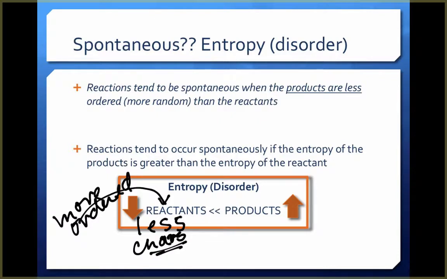When we're talking about products, we're talking about more chaos or being more disordered. So that's what we're doing here. We're talking about entropy, and essentially, in order for a reaction to be spontaneous, it has to go from being ordered to disordered.